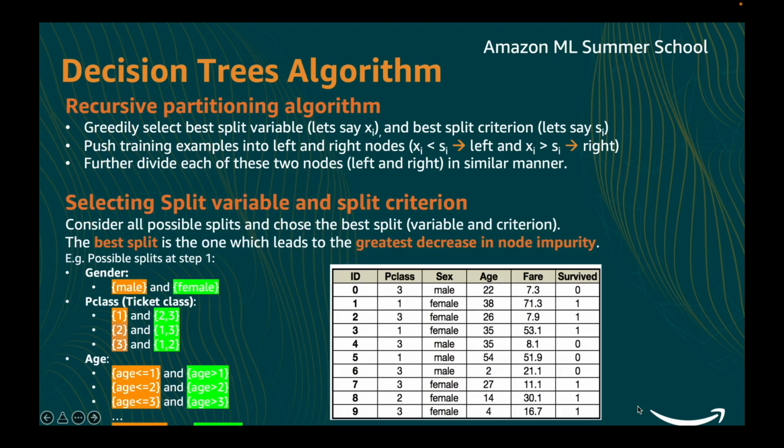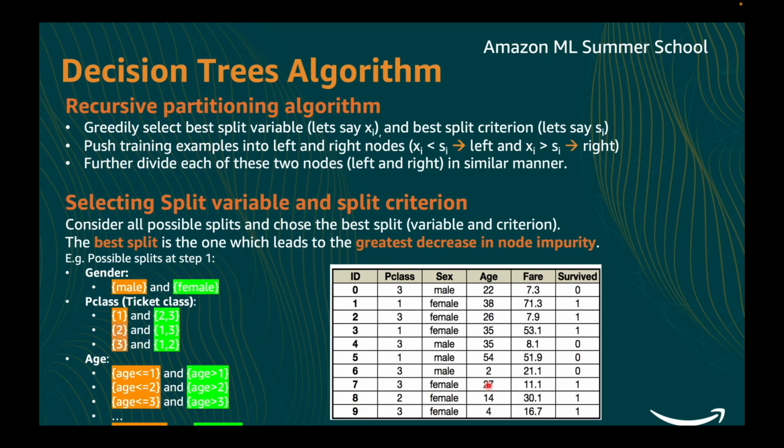So let's look at what are the different kinds of split criteria you might have. Let's say for this data set over here, we want to build the very first node for this decision tree. We have a variety of split criteria available to us.